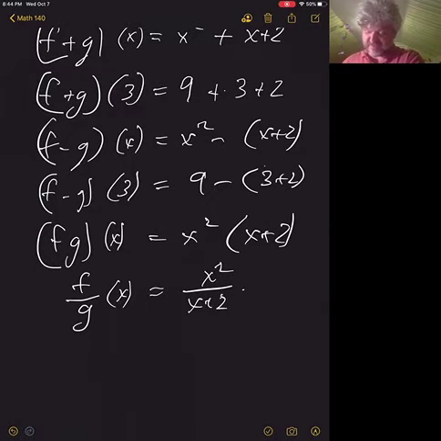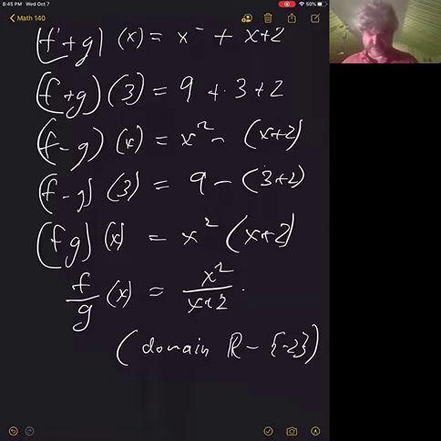So we can make a little note that for that last one, the domain would be every number except negative 2. So in words, all numbers except negative 2. In set builder notation, you can write R minus that single number, negative 2, as a set.